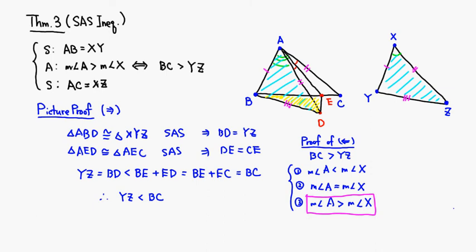What happens if you assume that measure of angle X is larger than measure of angle A?